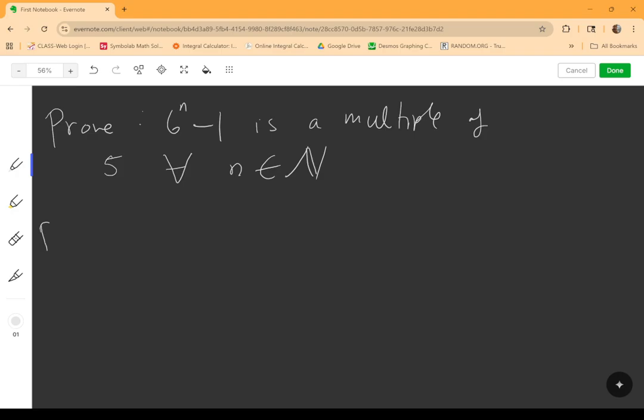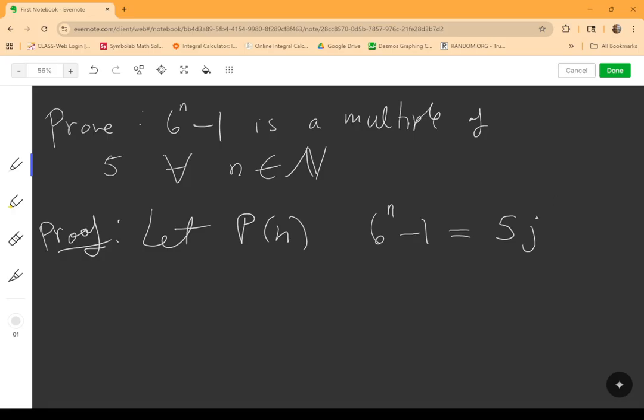Our proof here, we'll start with the base case. Or actually, sorry, take a step back. We'll start with what we're proving. What's our P of n? P of n is that 6 to the n minus 1 is a multiple of 5, that is, equal to 5j for j being some integer.